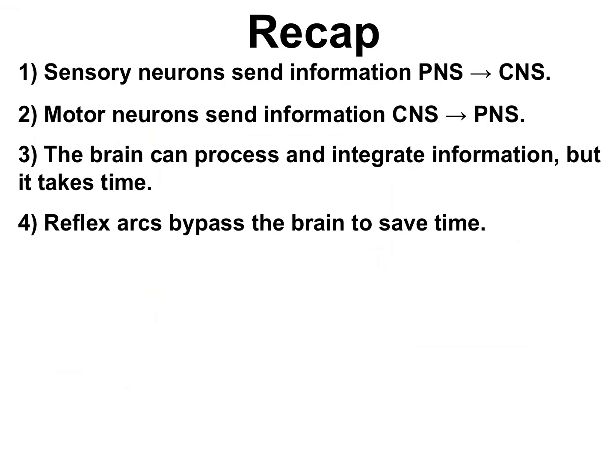All right, so let's recap. The nervous system is broken up into the central nervous system, your brain and spinal cord, and your peripheral nervous system, everything else that's not your brain and spinal cord. Sensory neuron signals send information from your body to the central nervous system, but motor neuron signals send information from your central nervous system to your body.